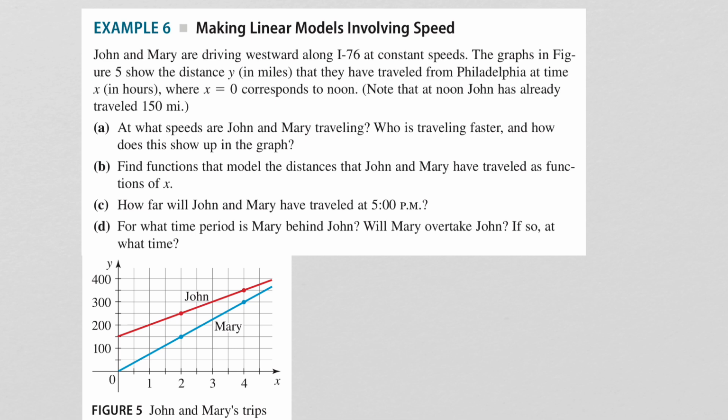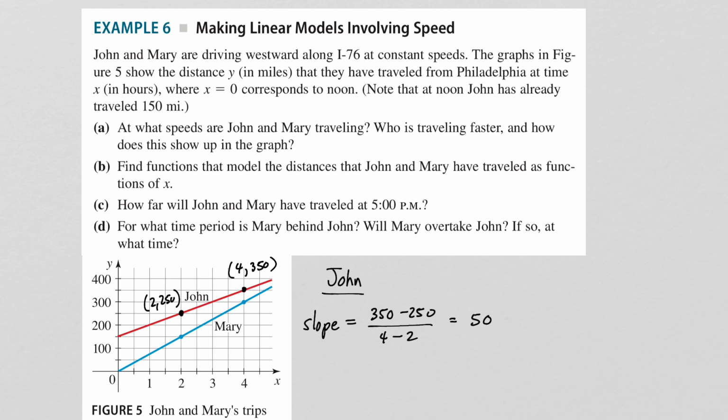Well, to find out their speeds, we need to find out the rate of change, and that is nothing more than the slope. So for John, the slope of his line, using the slope formula, we take this point here, which is the point (4, 350), and this point down here, which is the point (2, 250). Using the slope formula, we have 350 minus 250 divided by 4 minus 2, and this is going to be 50.